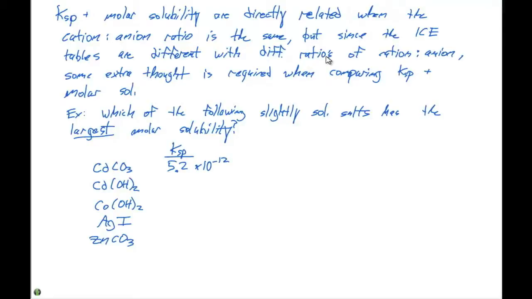For cadmium hydroxide, the KSP is 2.5 times 10 to the minus 14. For cobalt hydroxide, it's 2.5 times 10 to the minus 15. For silver iodide, it's 8.3 times 10 to the minus 17. And for zinc carbonate, it's 1.4 times 10 to the minus 11.